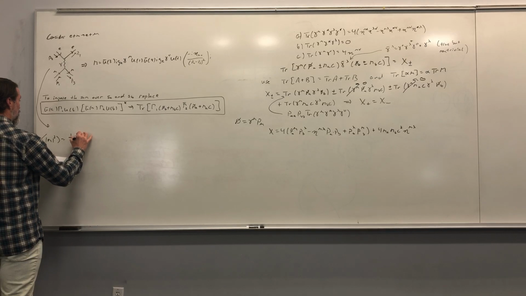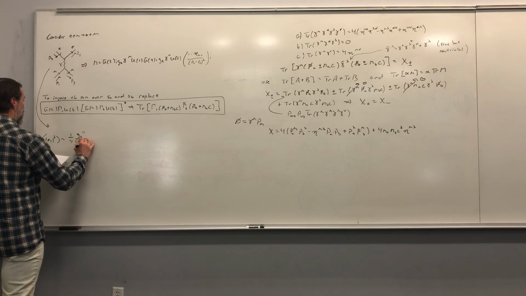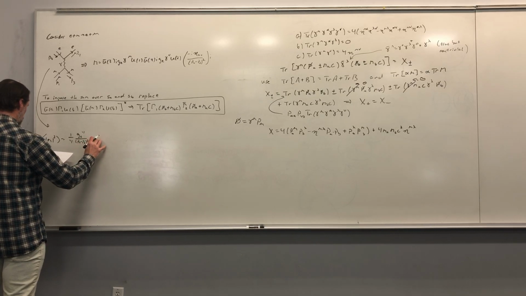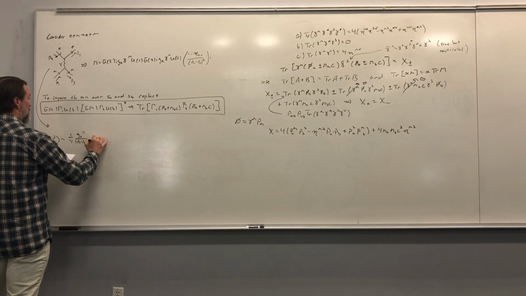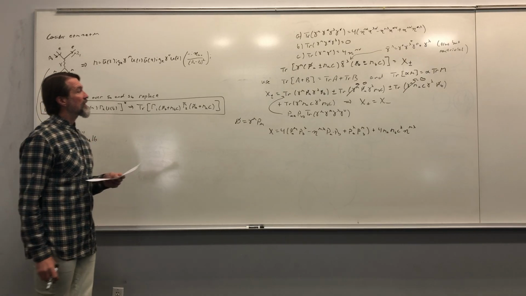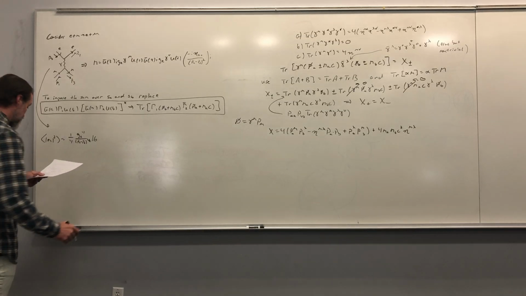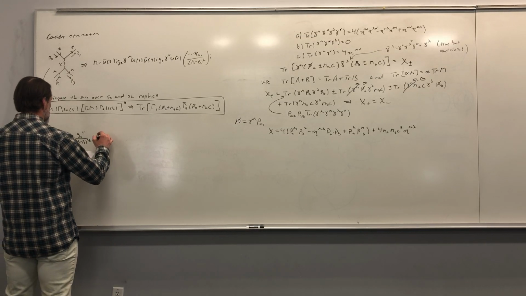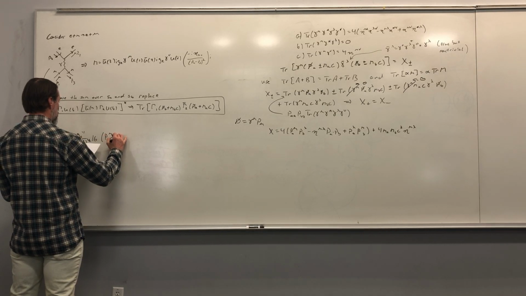One over 4 GE to the fourth over P4 minus P2 quantity to the fourth, times, now, you just have to remember that we're going to have that times itself. So this is going to give me 16 times P3 mu P1 lambda.